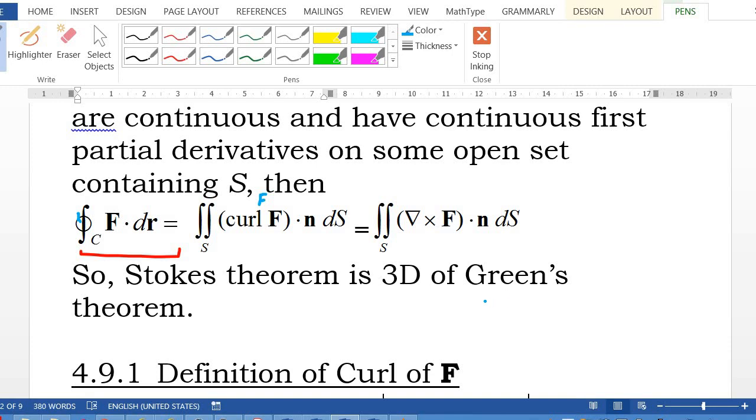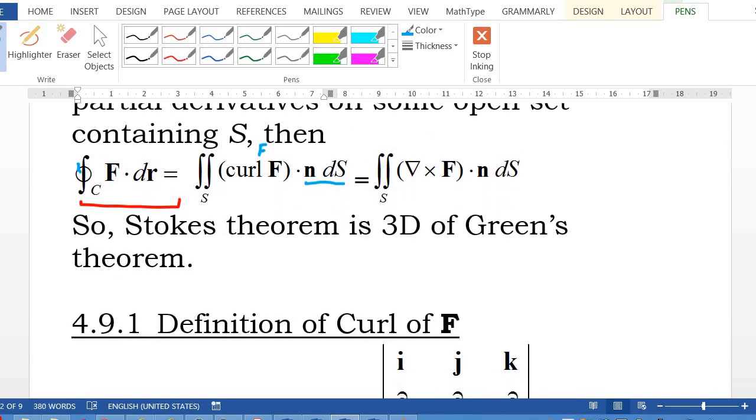Because in Green's theorem, you evaluate the line integral of a curve in 2D. Then you find the curl of F, and because it is 2D, this dot n dS is actually your dA. In 3D, the dA here you need to dot with the unit normal vector, with 1 unit of the surface area. So please take note that Stokes' theorem is the 3D version of Green's theorem.